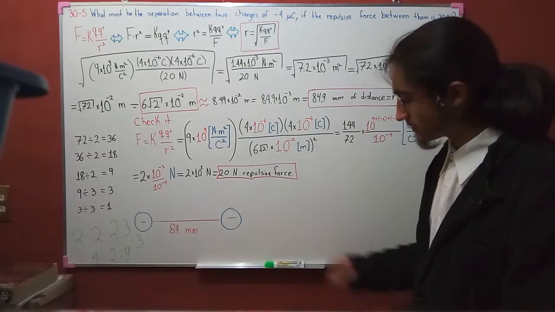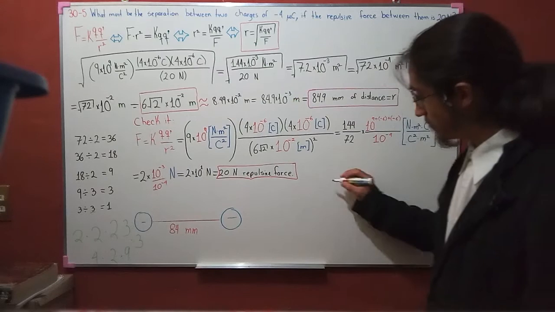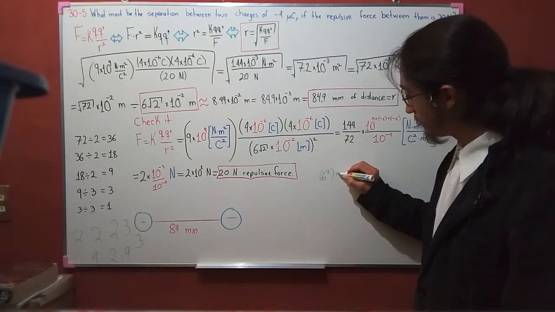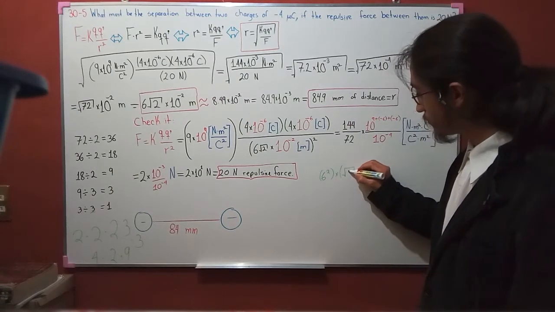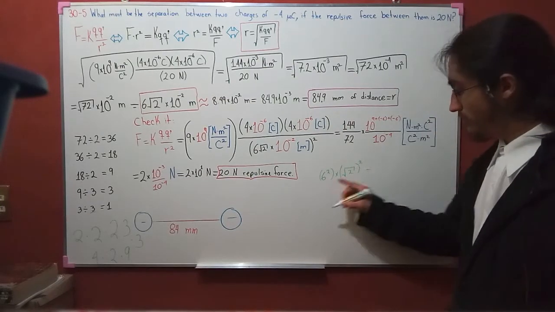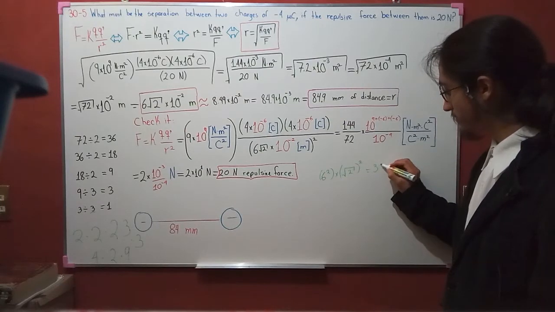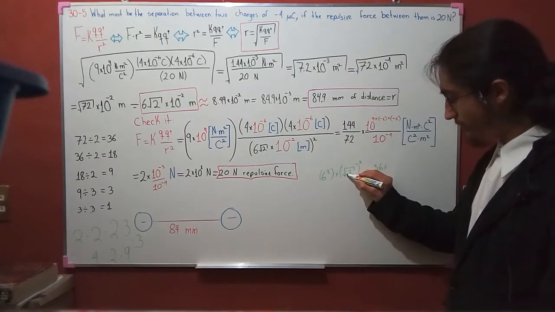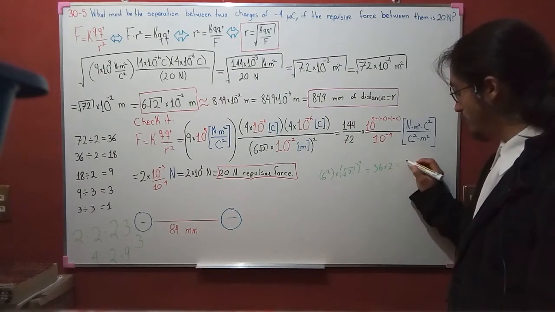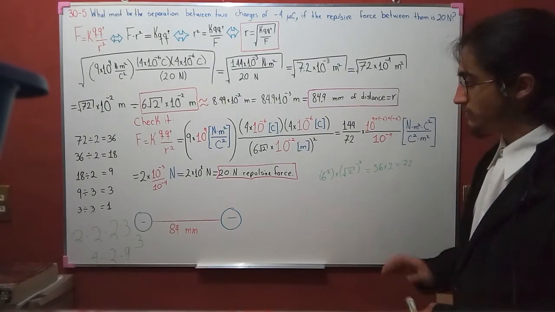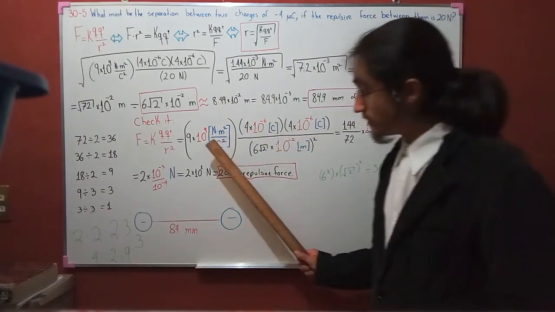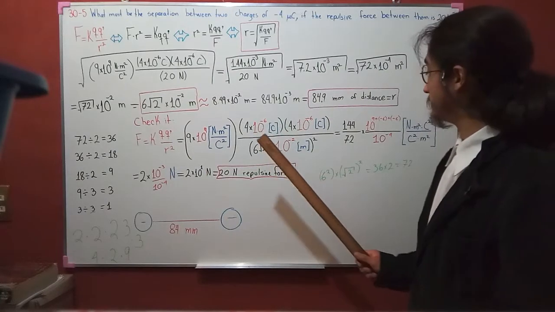And this is the next. 6 squared closed in parentheses multiplying open parentheses the square root of 2 closed parentheses squared. It's equal to 6 squared 36 multiplying the square root of 2 squared is just 2. So 36 times 2 equals 72. So divided by 72.